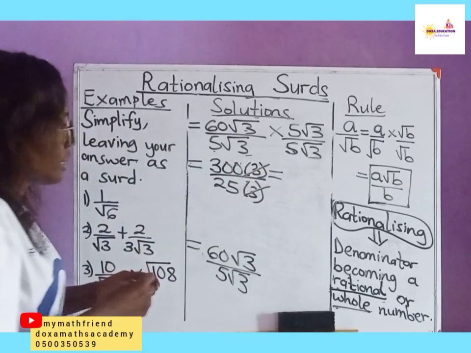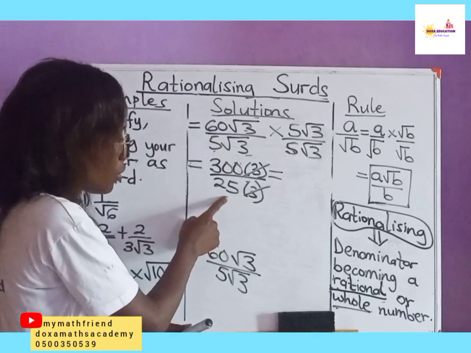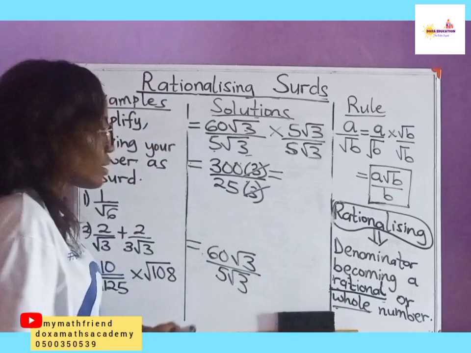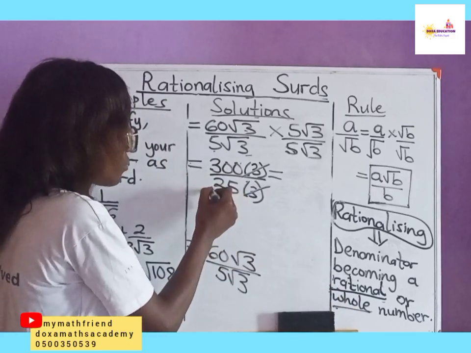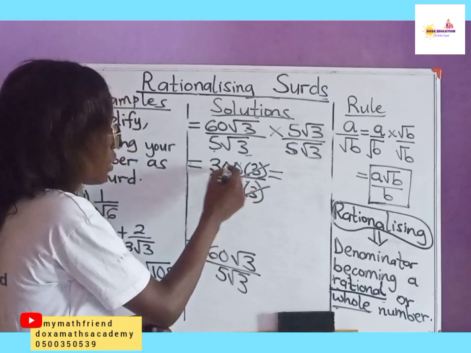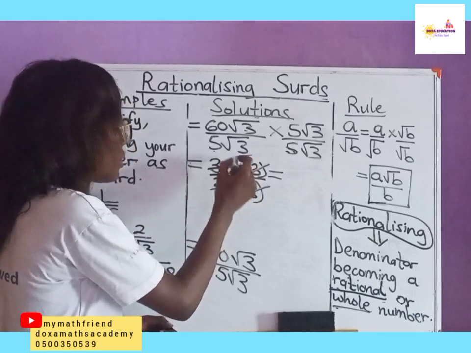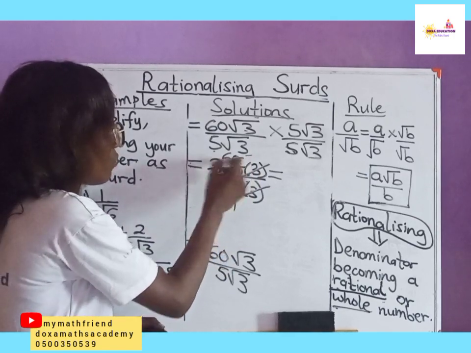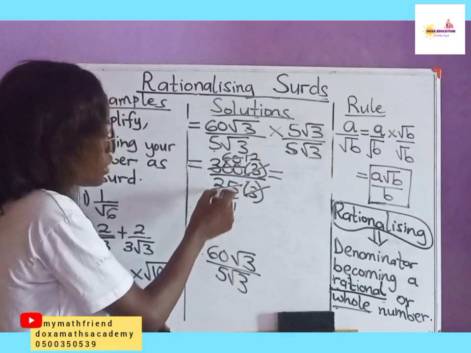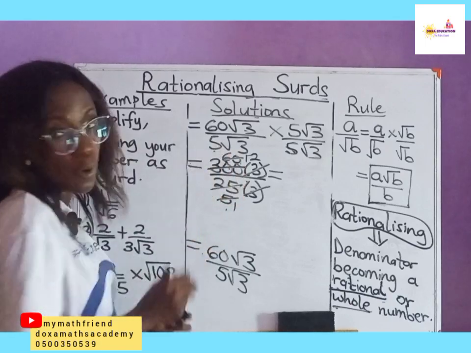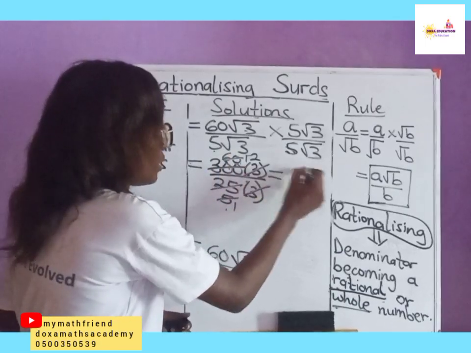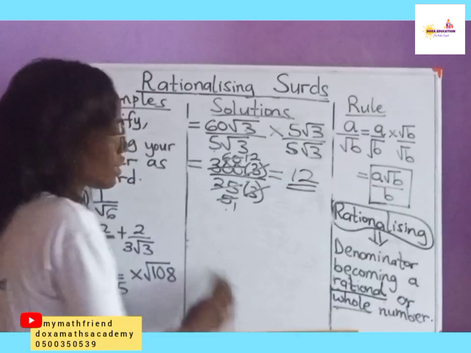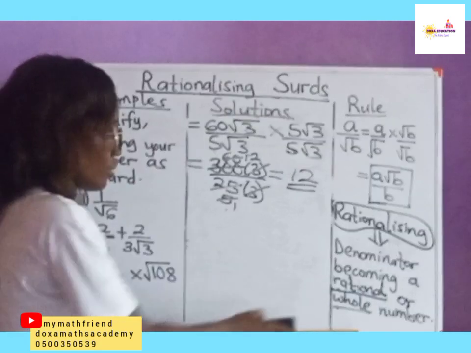You see that the denominator has changed and become a rational or whole number, like we said over here. So what do we have? 300 over 25 times 3, which simplifies so that the answer is 12. And that is the answer. Very, very simple.